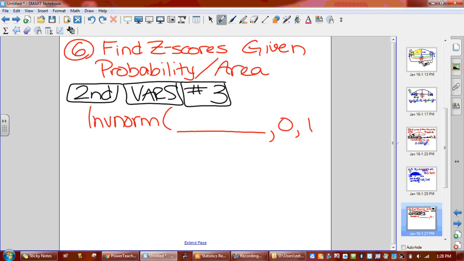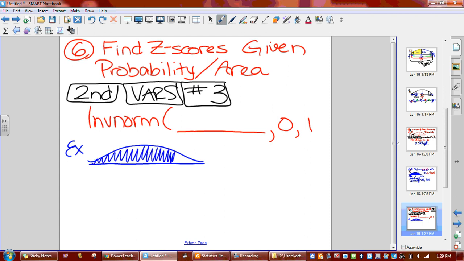So here's my example. I've got this guy here, and I'm going to say I've got all of this shaded, and I'm going to tell you the unshaded part. My unshaded part is 0.1271.